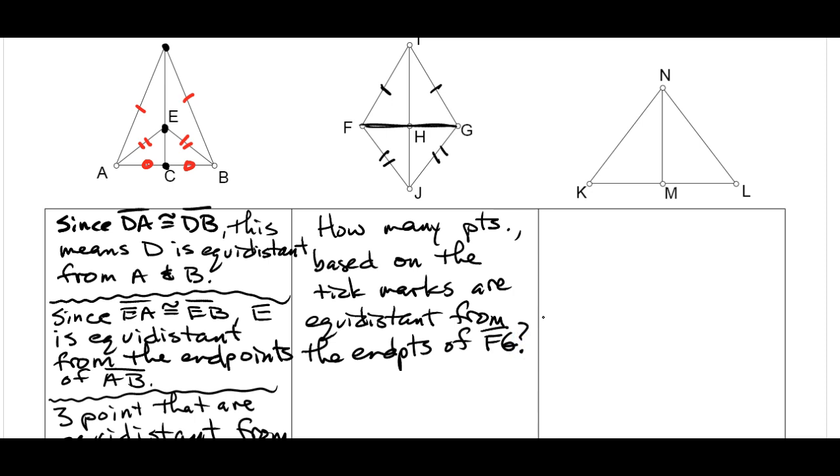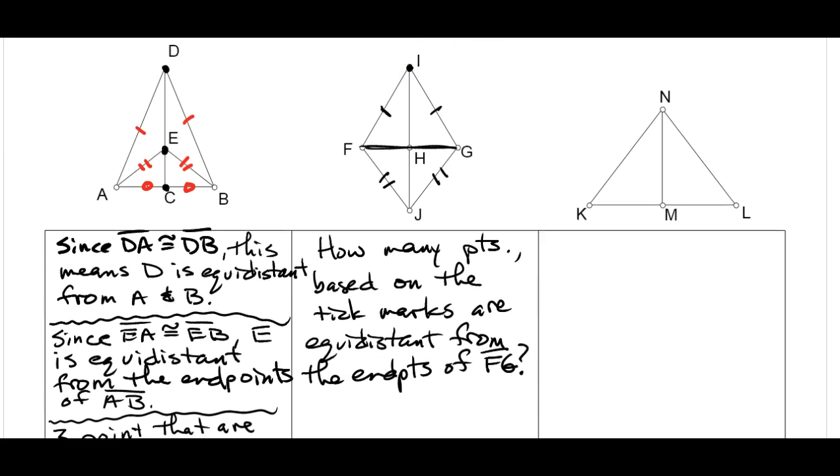So based solely on the tick marks, we see that this point up at the top is equidistant because, let's see what letter that is, IF is congruent to IJ, and J is also equidistant from the endpoints of FG. So it's the same distance from F as it is from G. So the answer to this question would be 2, and it would be I and J.